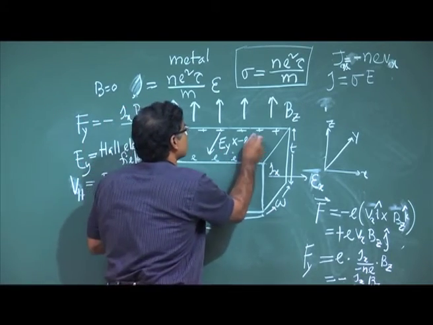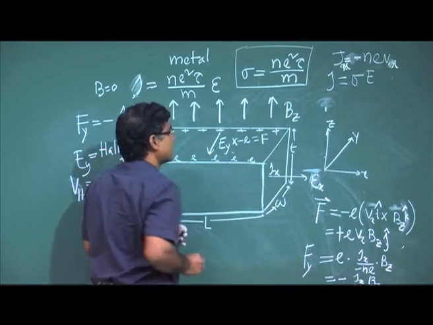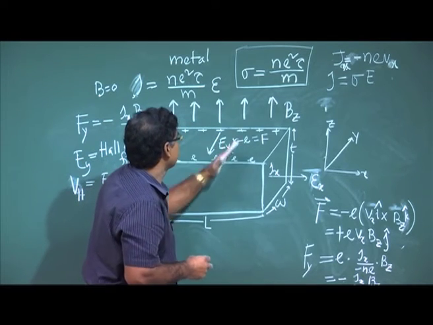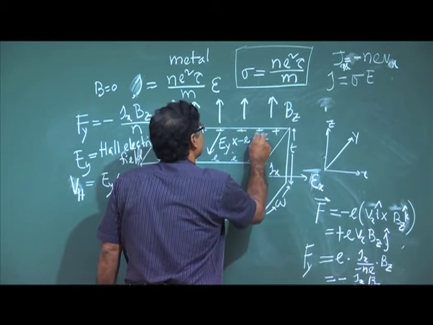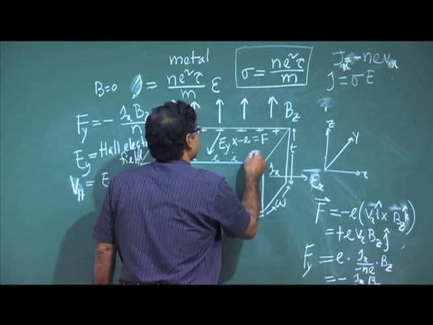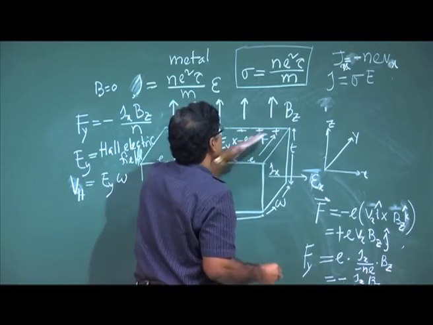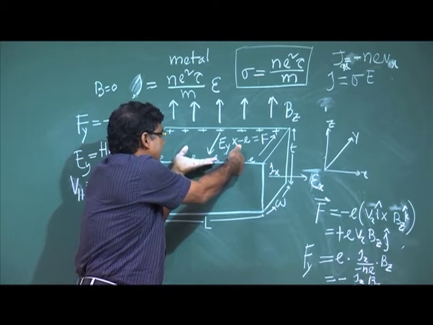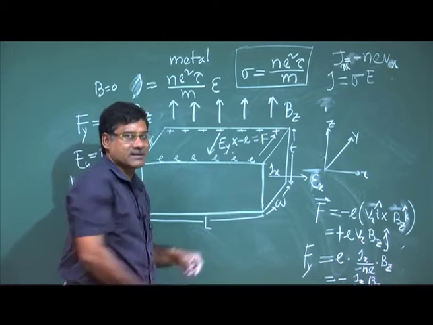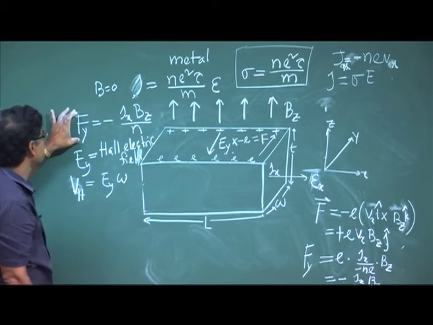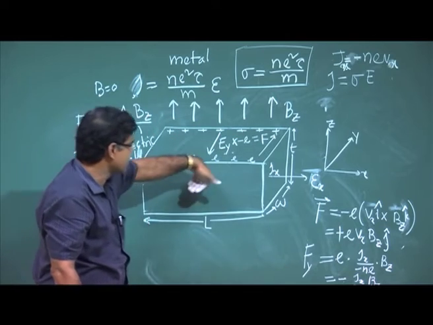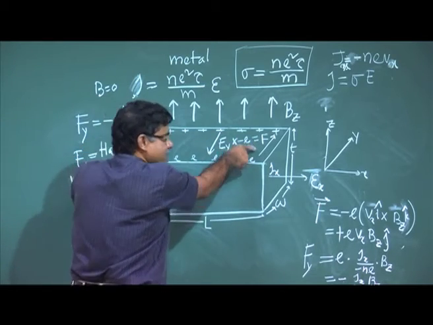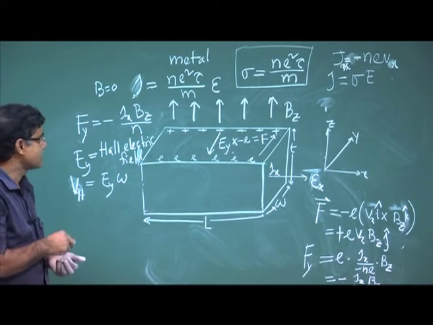So, this force due to Hall voltage will act in this direction, positive x direction. So, it will try to get the electrons back towards the positive direction, when this force was trying to get the electrons in this direction. So, these two have to be balanced, then only the equilibrium condition, steady state, will arrive.